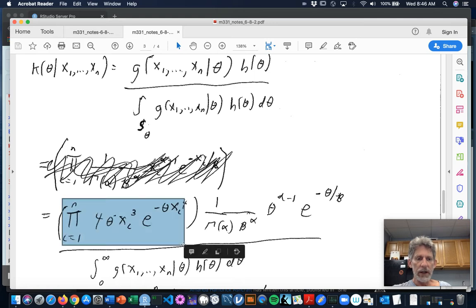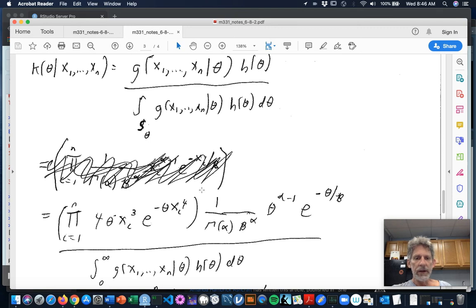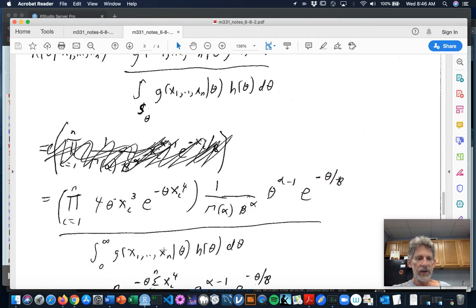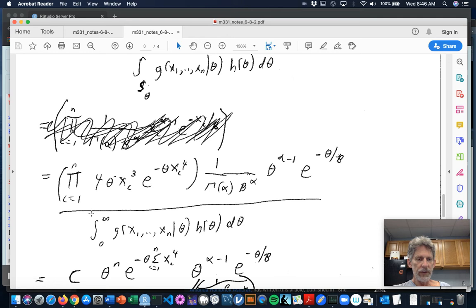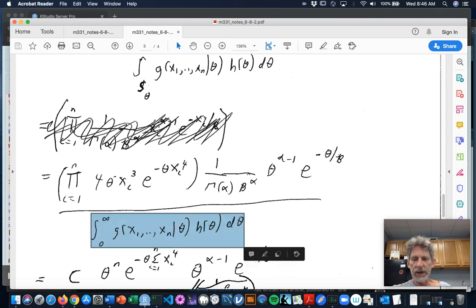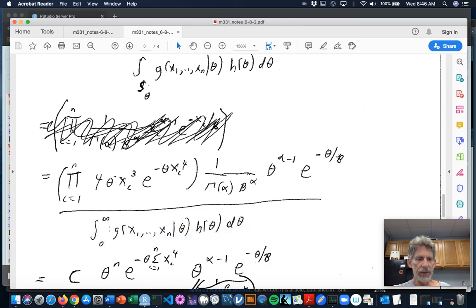We got the product of the marginal PDFs for each of those xi's. And capital theta was a gamma alpha beta, so there's the PDF for the little theta. And we got this integral down here, which I didn't really have to change at all. I just wrote in that the sample space for capital theta was 0 to infinity up here in front.